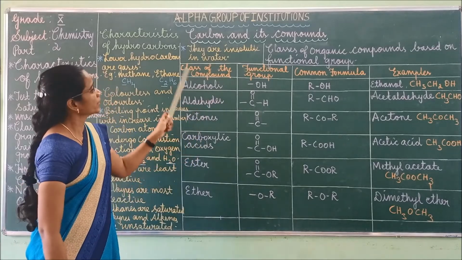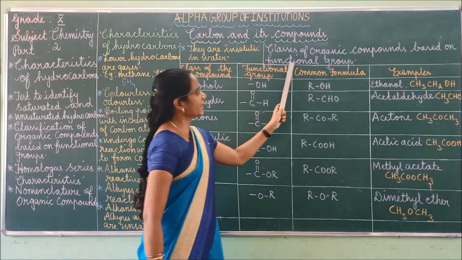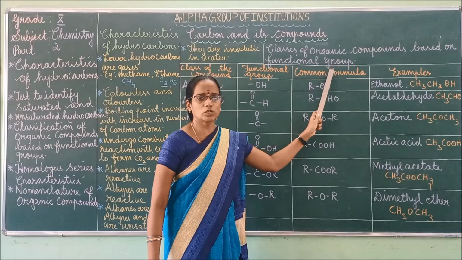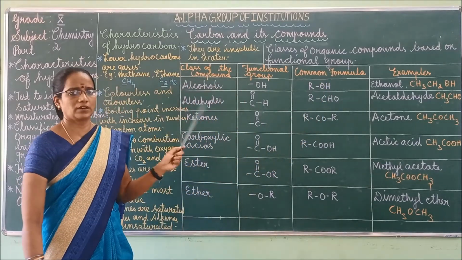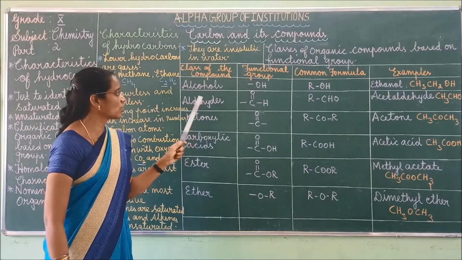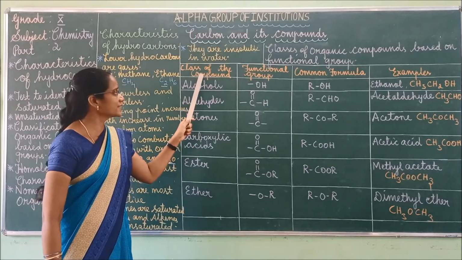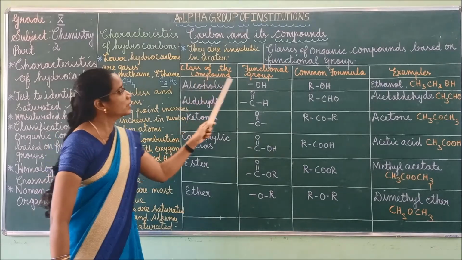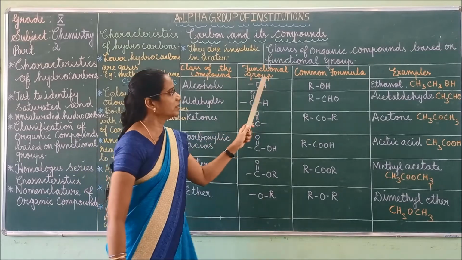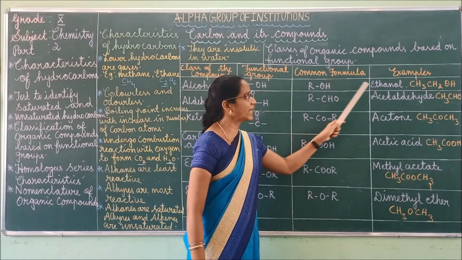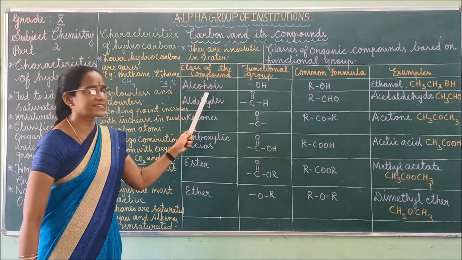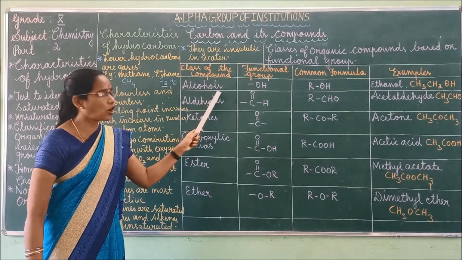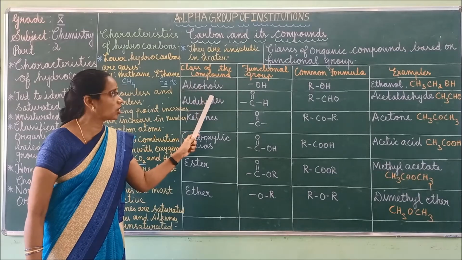Let us look at this table of classes of organic compounds based on functional group. What are the various functional groups, we can discuss now. The class of the compound is given, the functional group is given, the common formula is given, as well as examples. The first compound is alcohols.